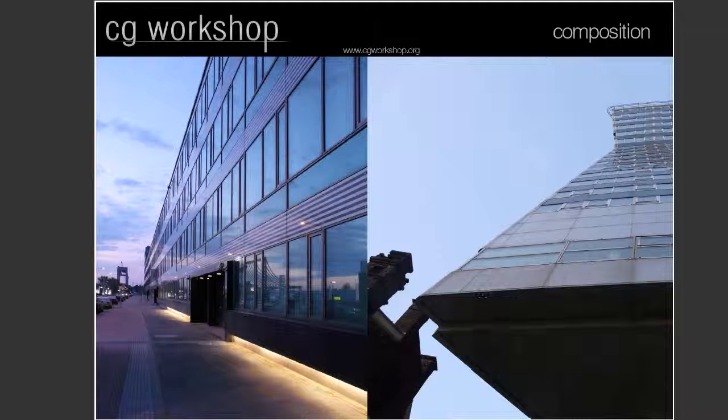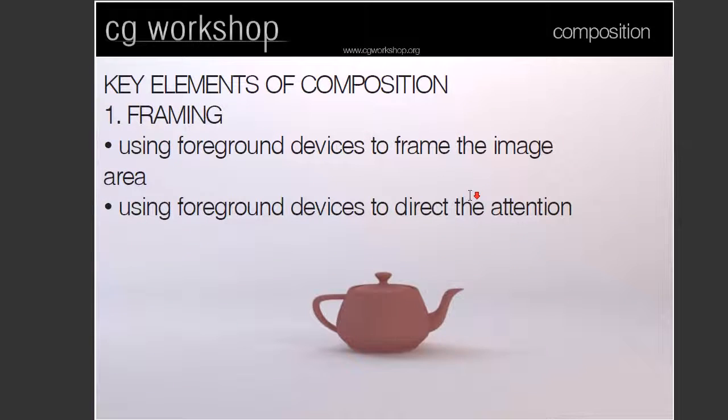First I'd like to show you some very basic shots like this teapot here. And as you probably know, it's a center composition. I'd like to focus today on a few key elements of composition. Number one, and it's also the last number, by the way, is framing.